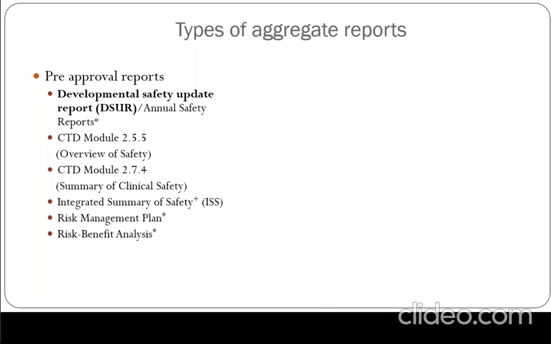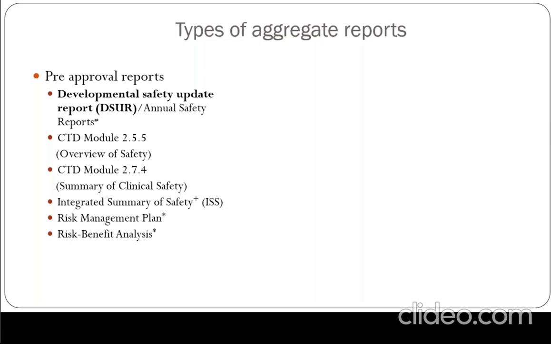When we go for the MAA submission, that is marketing authorization application submission, the CTD modules, as we all know, the triangle which we say, and so the DSUR forms a part of the CTD module, and even the integrated summary of safety, risk management plan, risk benefit analysis, all these items form a part of your approval process.